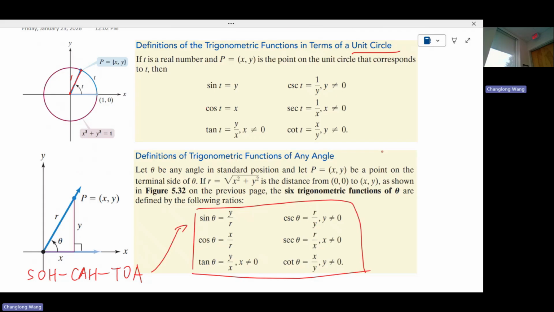Can it go even lower than -1? Let me scroll down a little bit. No way, right? But can the y be something like 1/2? Can the point P be somewhere that its vertical coordinate is going to be 1/2? Yeah, right? I guess it will be somewhere here. Or -1/2?